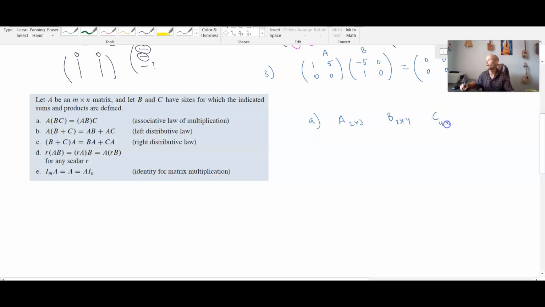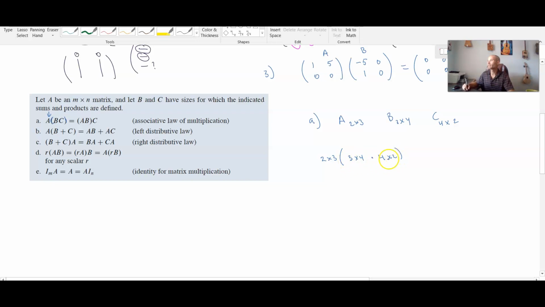So if we were to multiply first B and C together and then multiply that result in front by the matrix A, that would give me a 2 by 3 multiplied by a 3 by 4 multiplied by a 4 by 2.